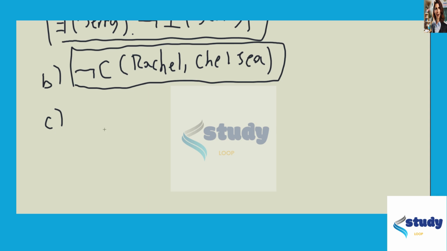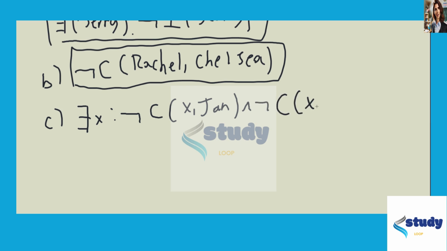Therefore, our statement here becomes there exists, so backwards E here, there exists x such that the negation of C of x and Jan, and then the little upside down V here is our and, then the negation of C of x and Sharon. All right, there we have part C.